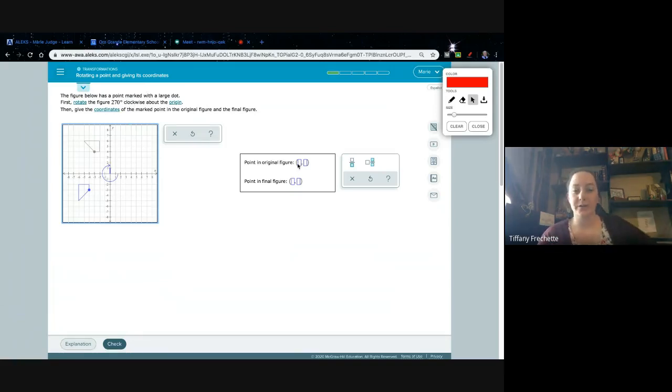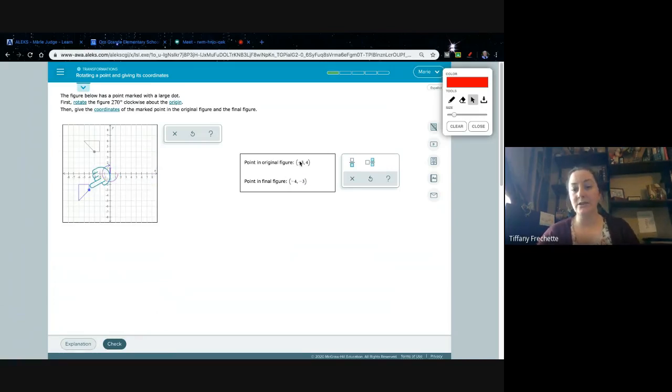All right, so we're going to do the original figure here. So we had to go left 3 and up 4. For this one, it's not just going to swap because we're not doing 180. So let's see what the relationship is here. I have to go left 4 and down 3.